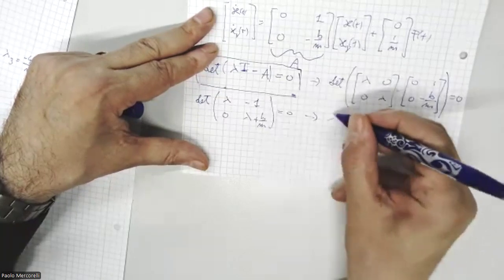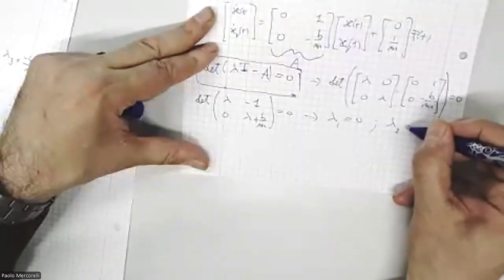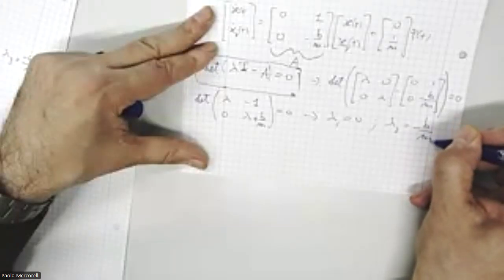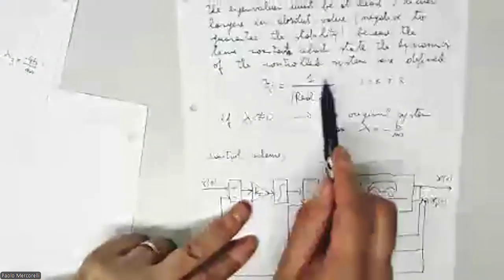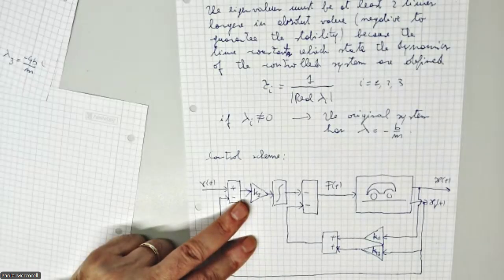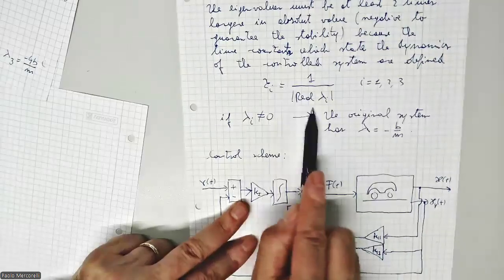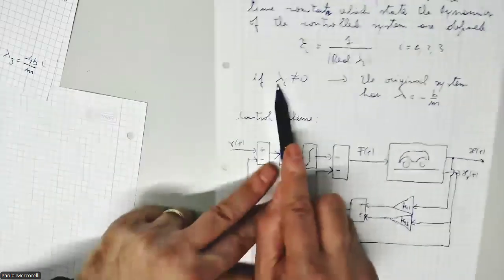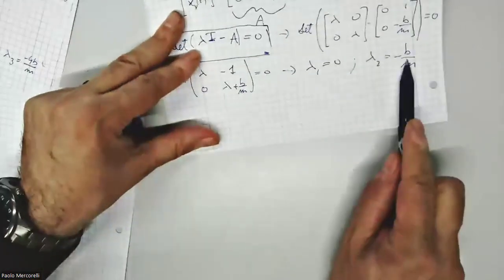This implies lambda 1 equals 0 and lambda 2 equals minus b divided m. Now, in accordance with what I told you before, this is the definition of the time constant with respect to the lambda. Of course, lambda should be not 0. This means we have just one lambda, which is this one.